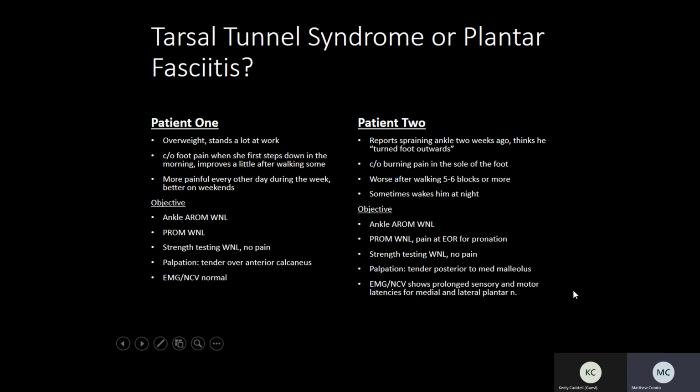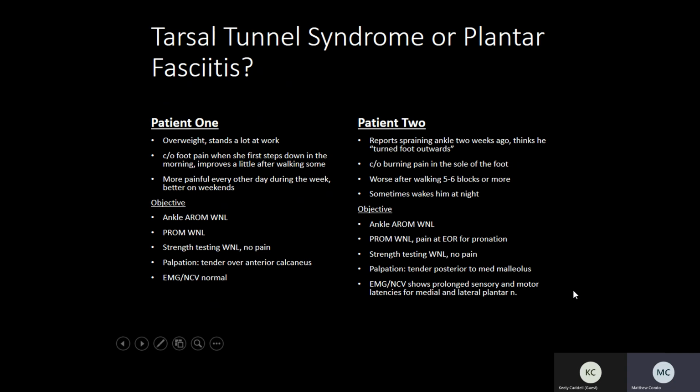The other patient reports spraining ankle 2 weeks ago, thinks he's turned his foot outward, right? So that's going to be an inversion sprain. Burning in the sole of the foot, worse after walking 5 or 6 blocks. Sometimes it wakes him up at night. Ankle range of motion, passively and actively look okay.